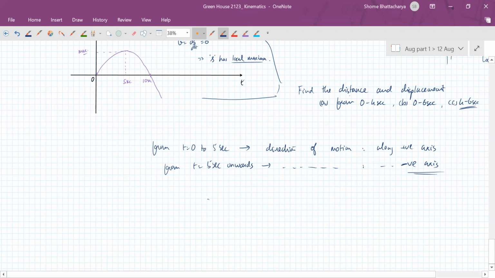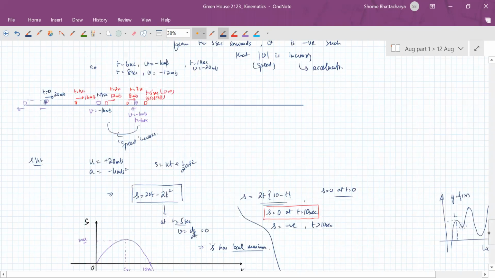So that is why when it comes to the A part, 0 to 4 seconds, displacement will be the same thing as distance. And that will be from this equation. This was the equation.